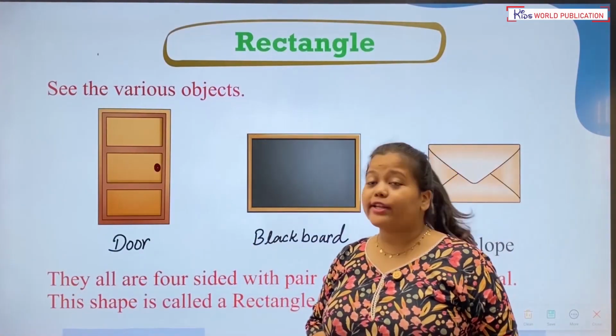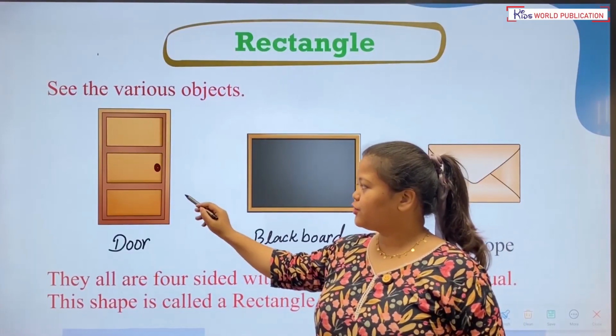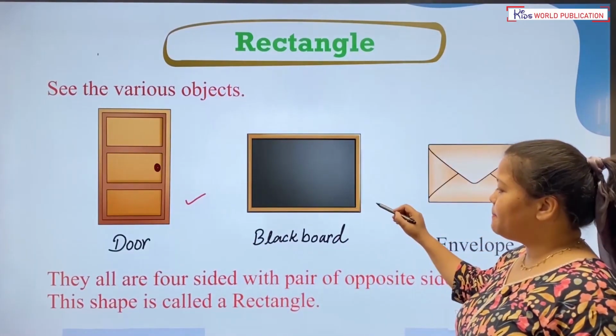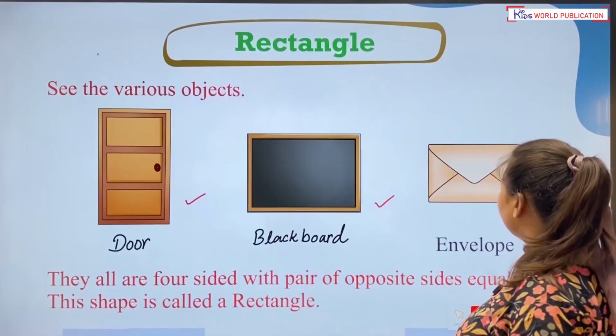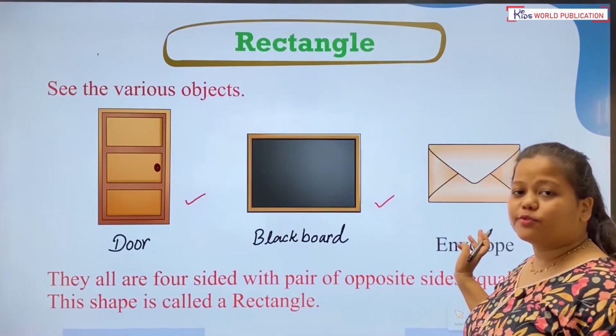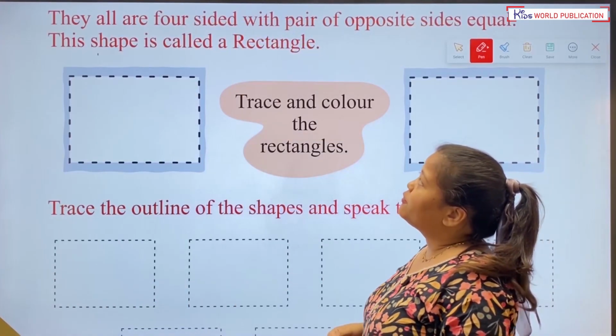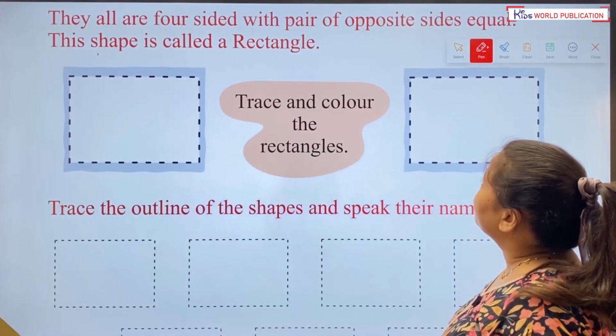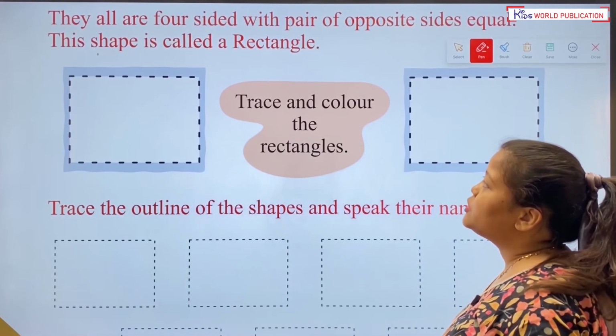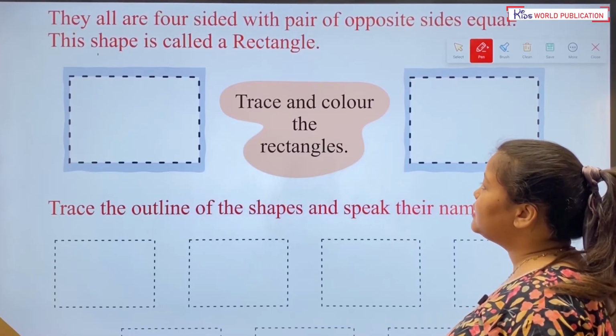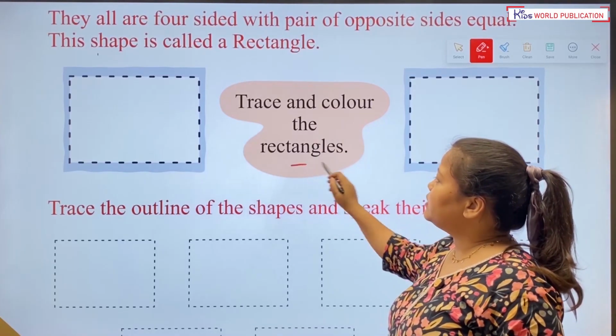Rectangle. See the various objects. Door, blackboard, envelope. So these all objects are rectangular in shape. They all are four-sided with pair of opposite sides equal. This shape is called a rectangle. Trace and color the rectangle.